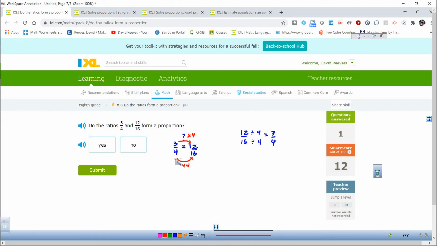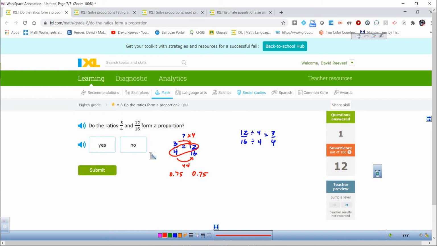I could also change these to decimals. 3 divided by 4 is 0.75. And if you did 12 divided by 16, guess what you would get? 0.75. There's so many ways that you can investigate these ratios. It's kind of fun. And of course, let's not forget that cross product.